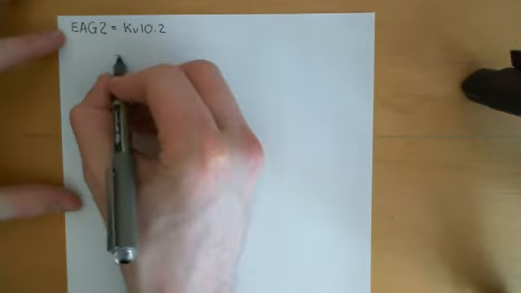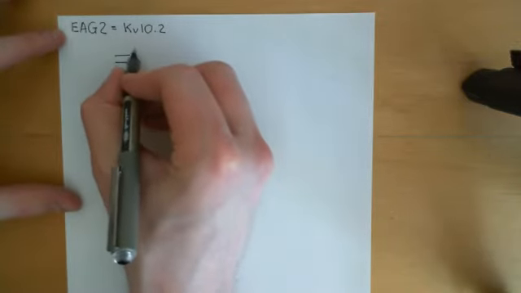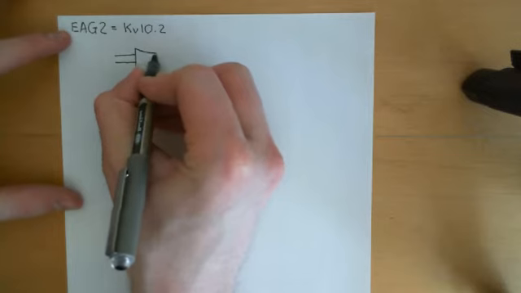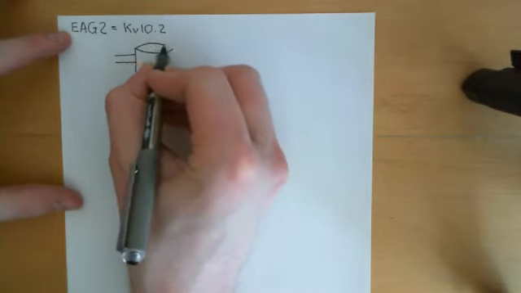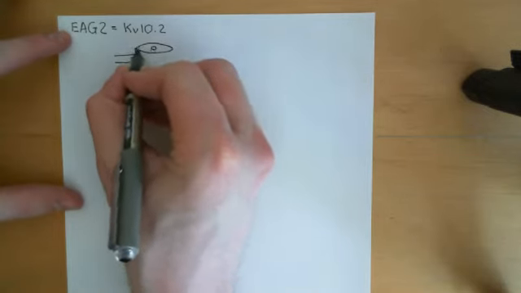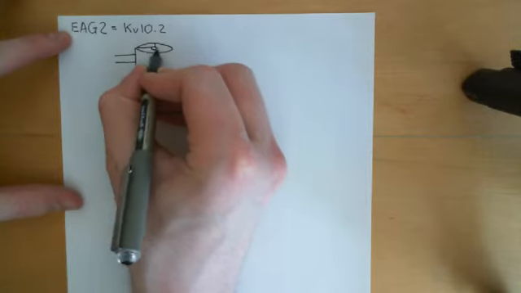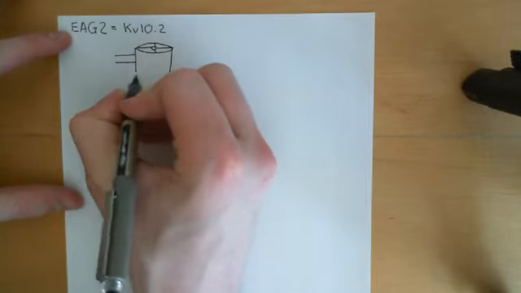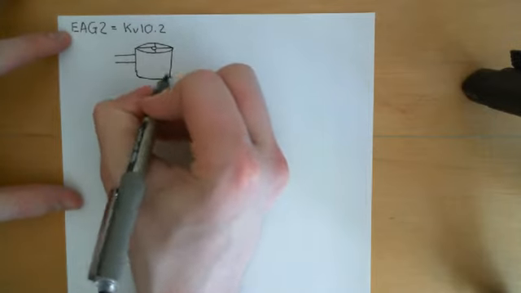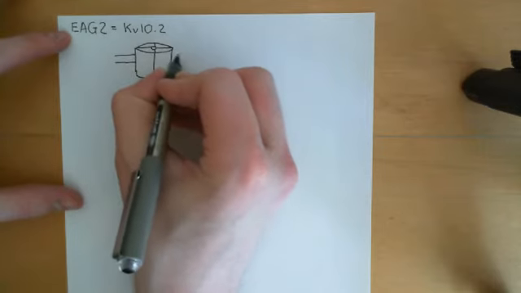So the Agogo-2 channel is a homotetramer of 4 KV10.2 subunits, like so. Here are these 4 subunits bound together to make a homotetramer, and this is a voltage-gated potassium channel that we're forming here.